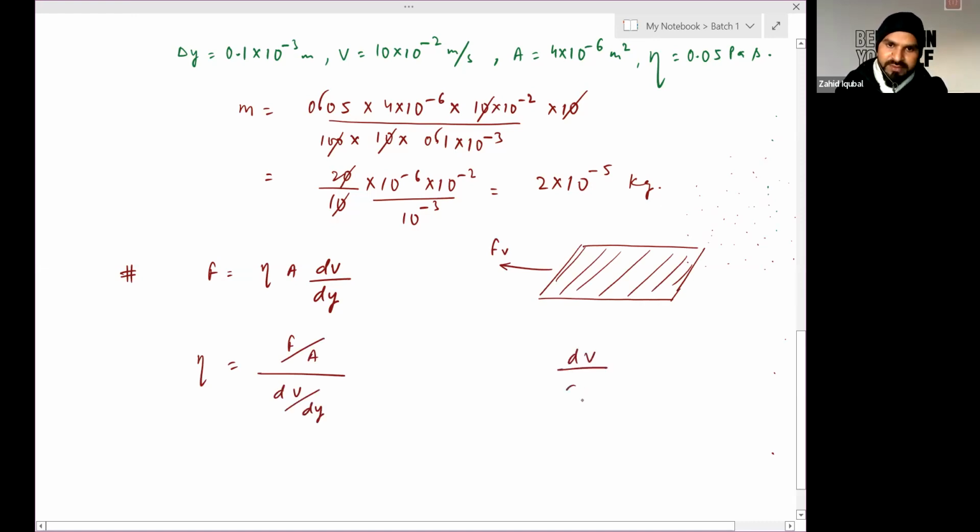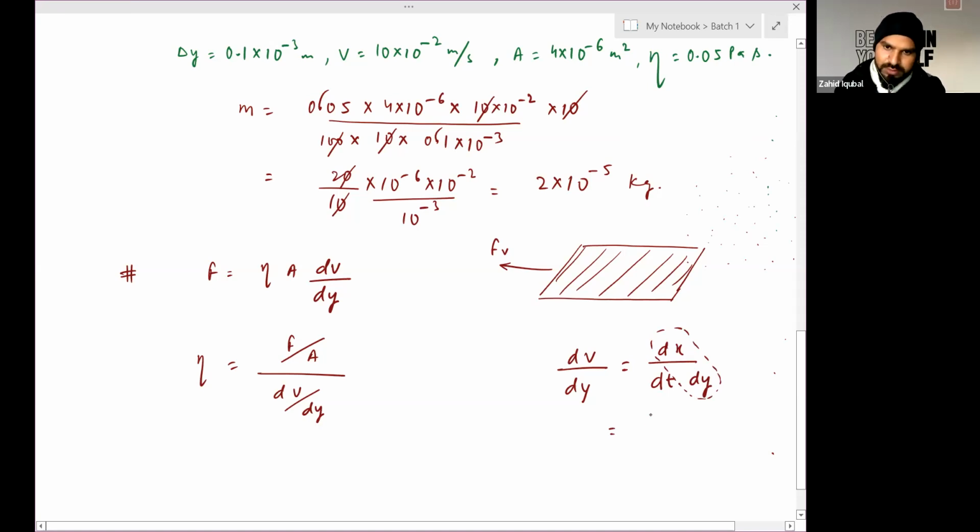dV by dy, dV is velocity, which may be written as dx divided by dt times dy. dx is change in length, dy is its width. So we call this particular term shear strain, divided by time taken. Any quantity divided by time taken is termed as rate.